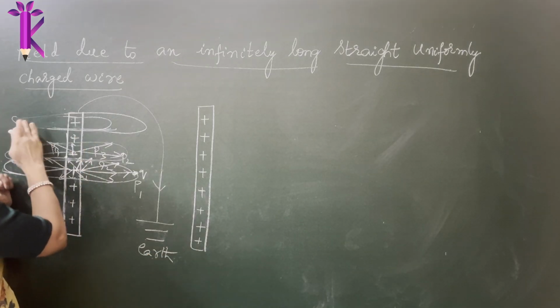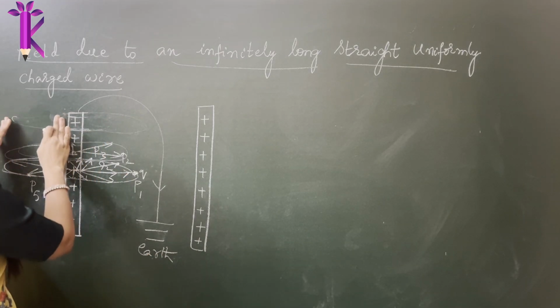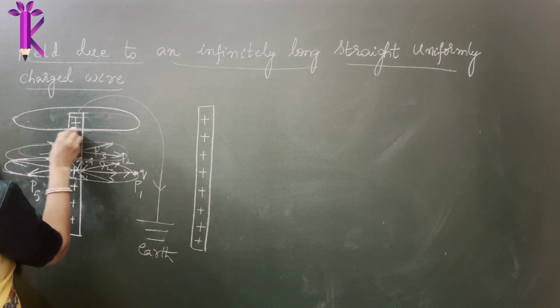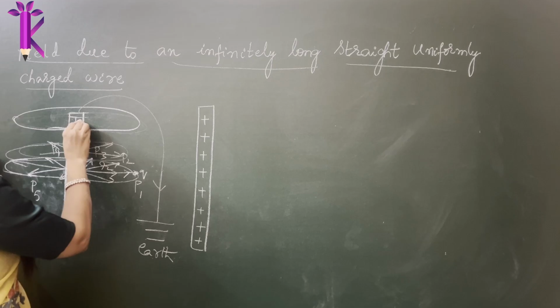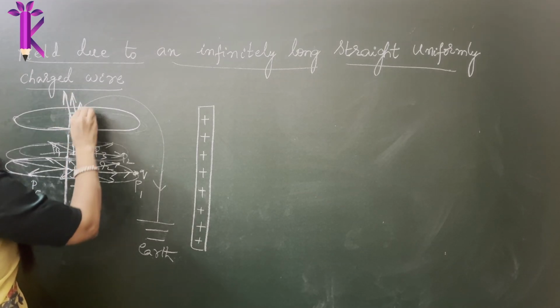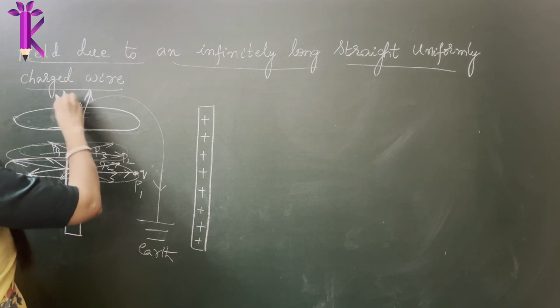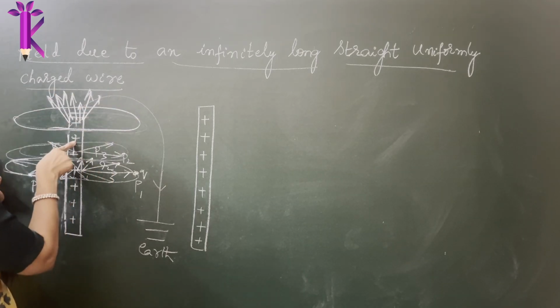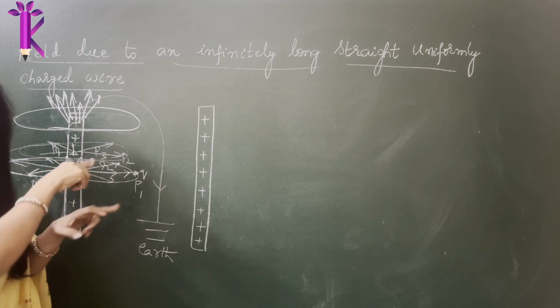If not, if you assume there is a sphere around, a spherical shape, then this charge wants to go out, so most of them are clubbed here because the charge wants to go out. It cannot go in this direction because this is also repelling, this is also repelling.